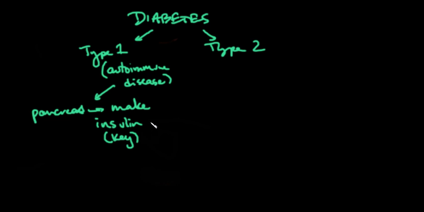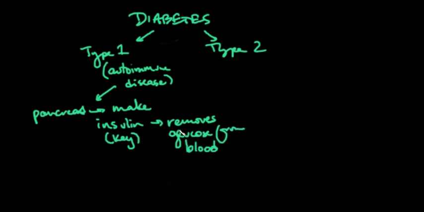So when there's insulin, it removes glucose from your blood. So if you have a high blood glucose level, insulin is released from the pancreas and it removes that glucose. But in type 1 diabetics, the pancreas has been attacked, so there's no insulin, and therefore glucose isn't removed from the blood.